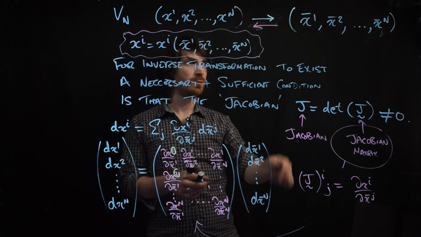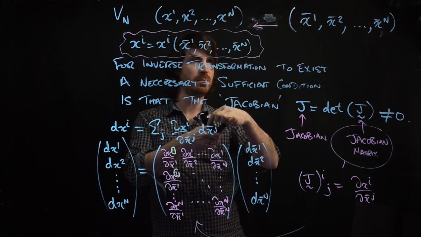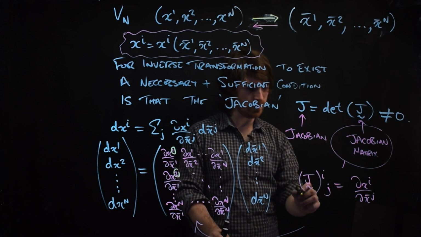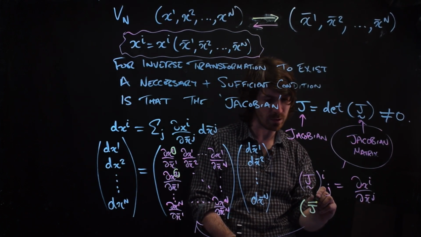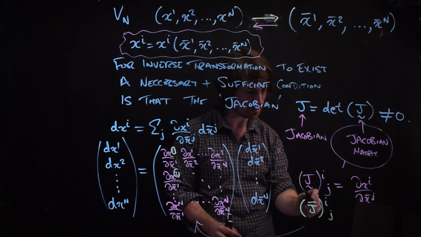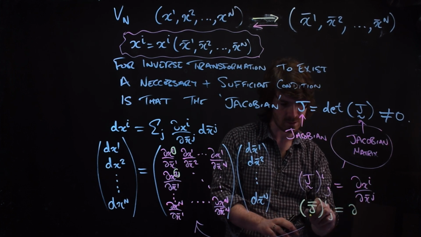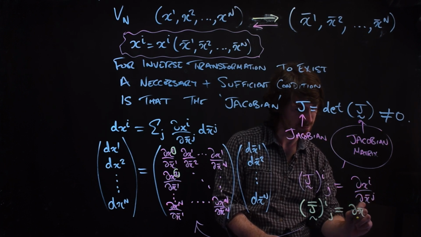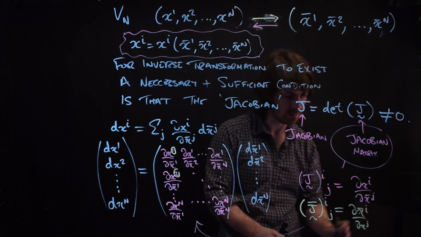If we now think about the forward transformation from the unbarred to the barred system, then if we do the same thing, we find that we need a different Jacobian matrix, and we call this one J bar. This has a superscript i and a subscript j, and the element of our J bar matrix is the inverse, so it's dx bar i by dx j.